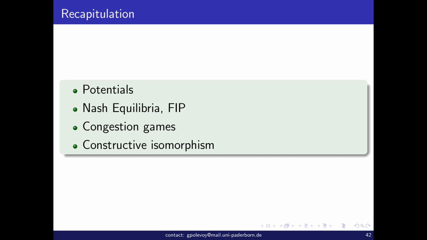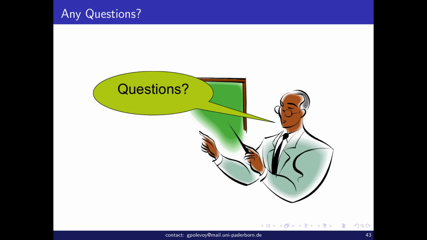But then we actually proved that any congestion game has a potential, and any potential game which is finite can be modeled, in the sense that it is isomorphic to a congestion game. Okay, so that is the recapitulation, and you're welcome to send me your questions.